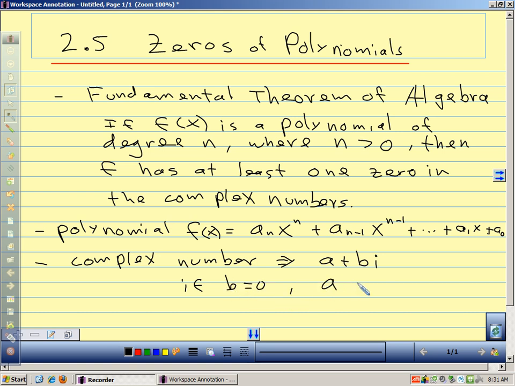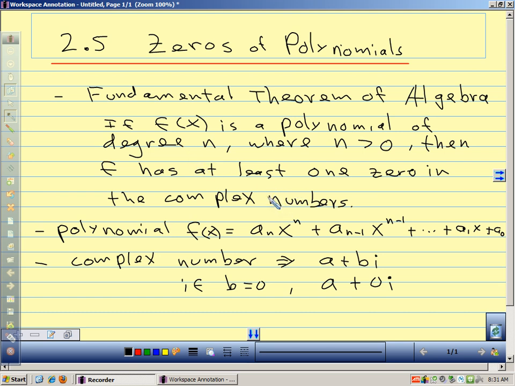We have a plus 0i. So a real number is still part of the complex number system. So the fundamental theorem of algebra includes the complex numbers, which include the real numbers. And what it's telling us is that we're going to have at least one zero.